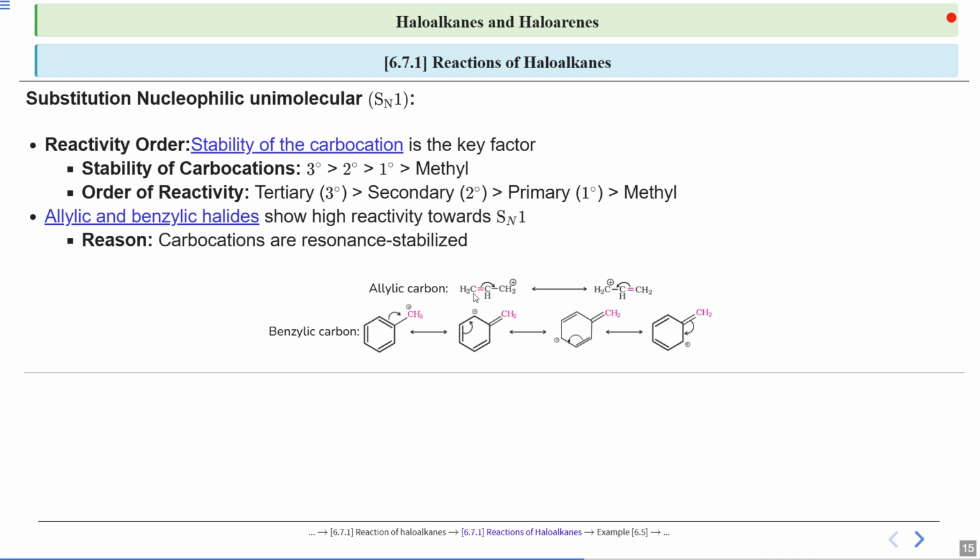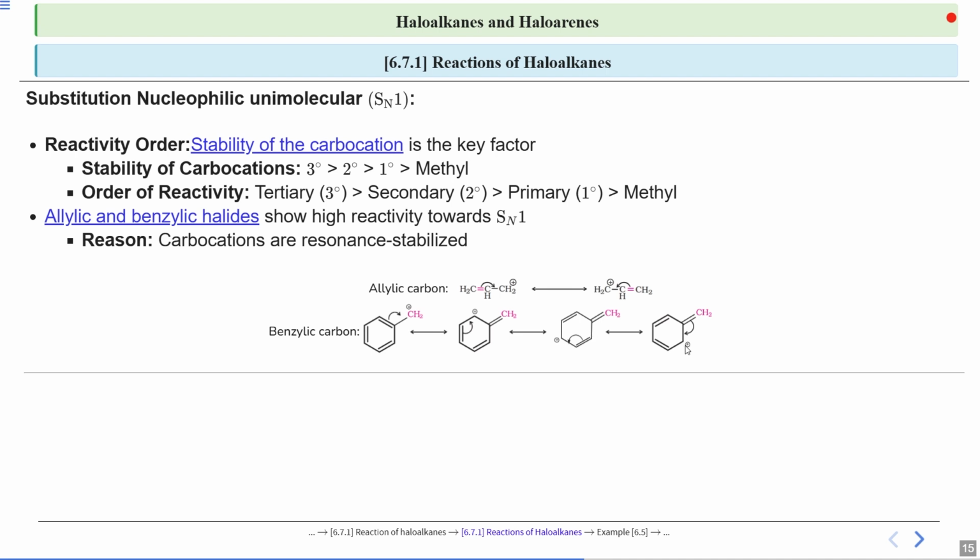Again the next double bond stabilizes this positive charge by making a double bond here, and the positive charge goes to this carbon.